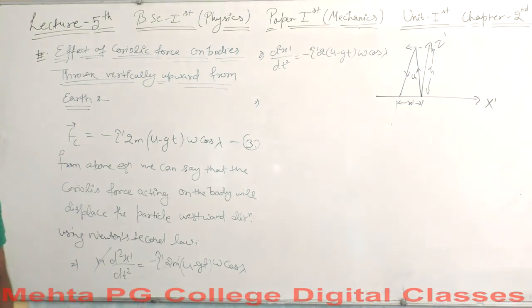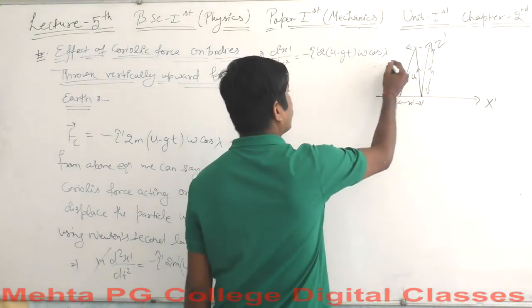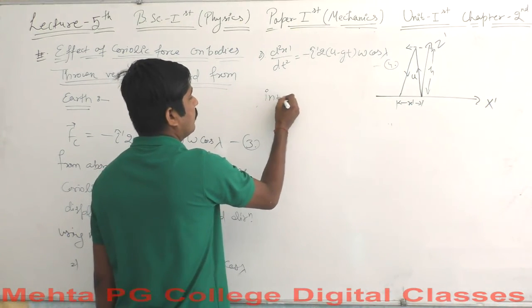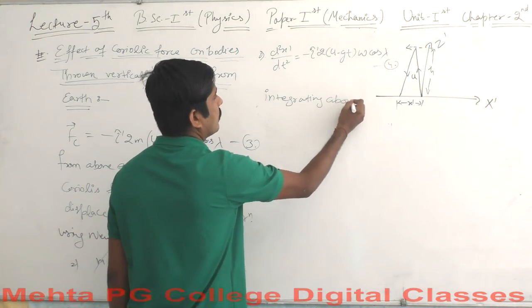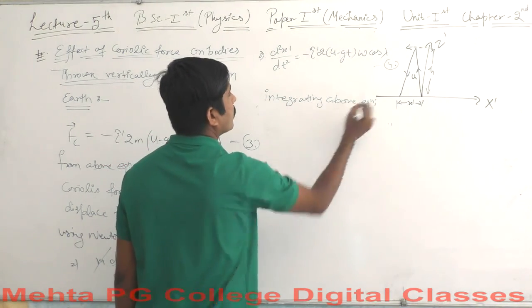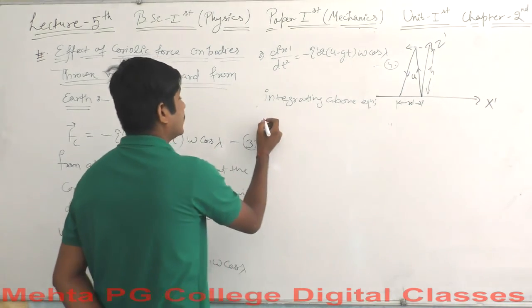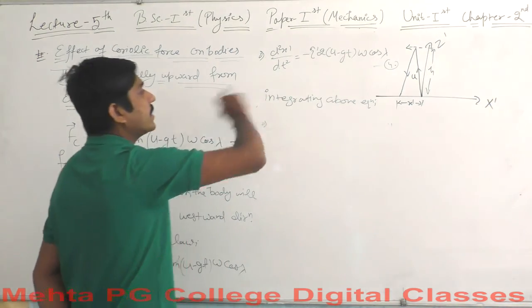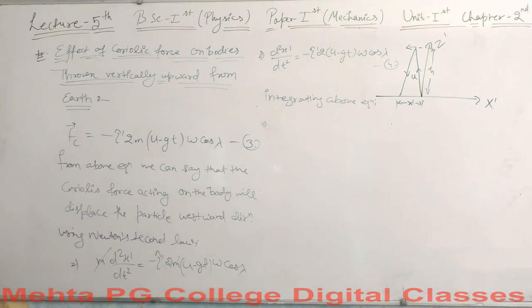Okay, so let's integrate the above equation. Let's say this is the equation 4 here. Integrating the above equation. Okay, so when we are going to integrate this equation, let's say we take this t out of this equation first.